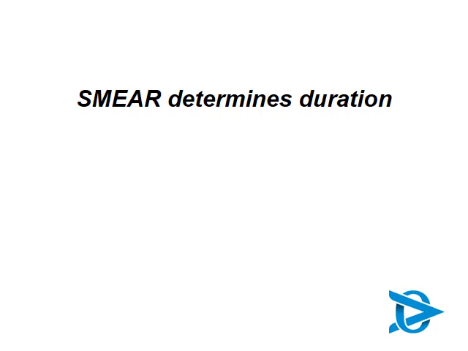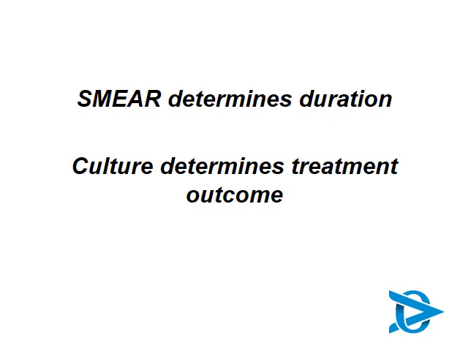And this is new in the world of DRTB, that the duration of your treatment is going to be determined by your smear, not your culture. I'm going to repeat that. It's the smear that's going to determine the duration of your regimen, not the culture. The culture is still very important, and we're still sending cultures every month, but your culture is going to determine the treatment outcome.